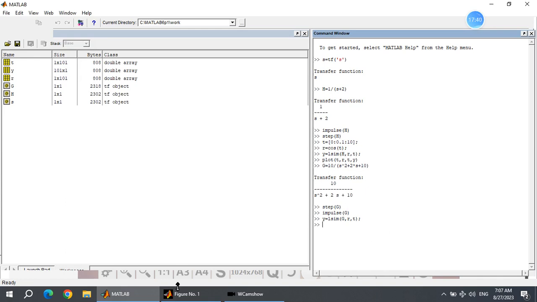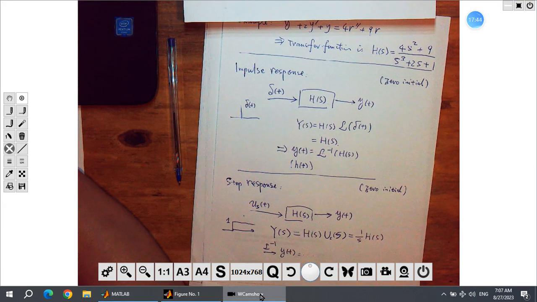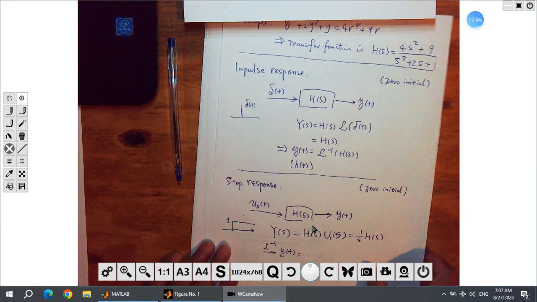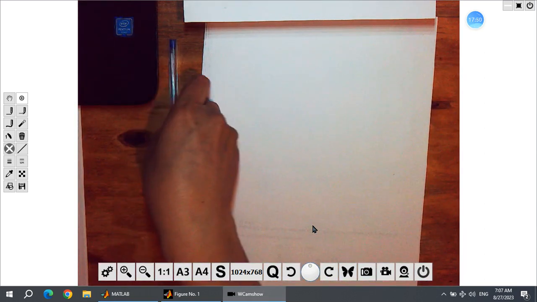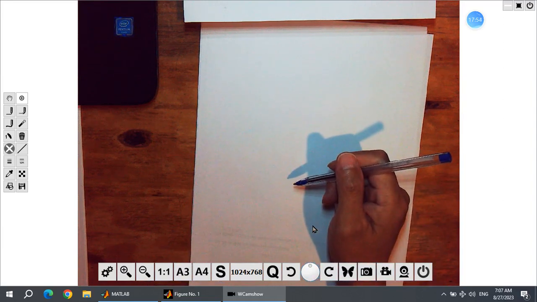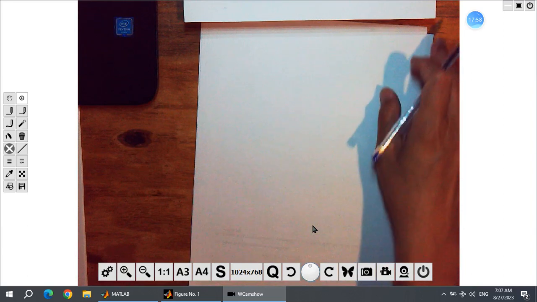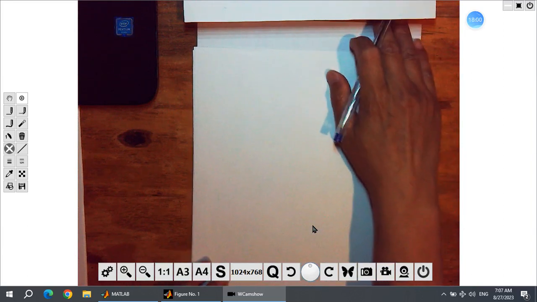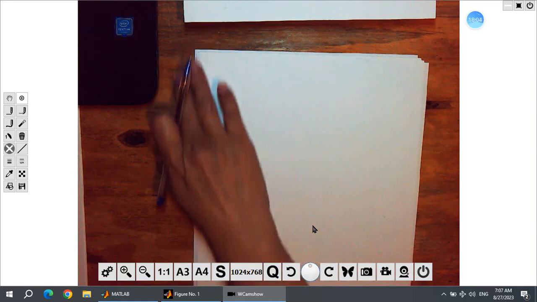Now we go back to here. Now we consider some details about the second order system. What is the feature of the step response?